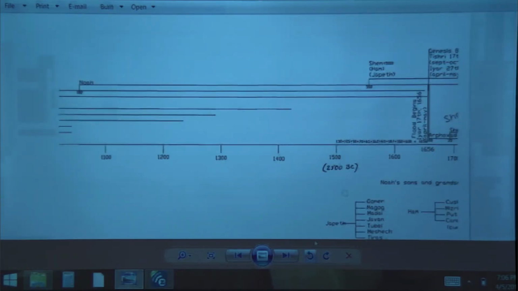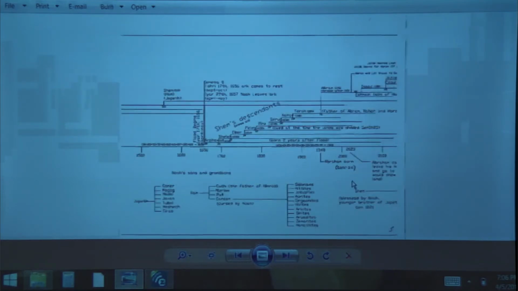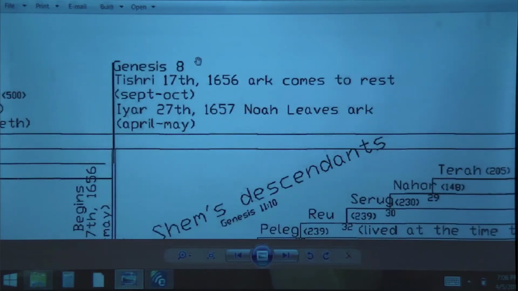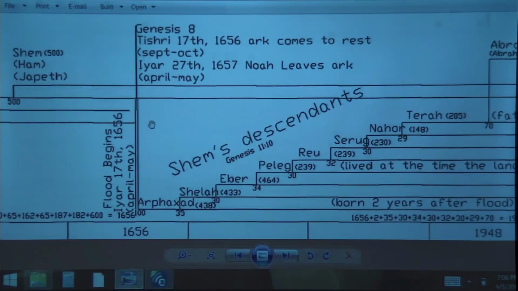And let me step forward one more page to page 5, just to show this a little better. Here we see in Genesis 8 that on Tishrei the 17th, the ark came to rest, and that on Iyar 27th, Noah leaves the ark. He got on the ark on the 17th of Iyar and off the ark on the 27th of Iyar a year later.